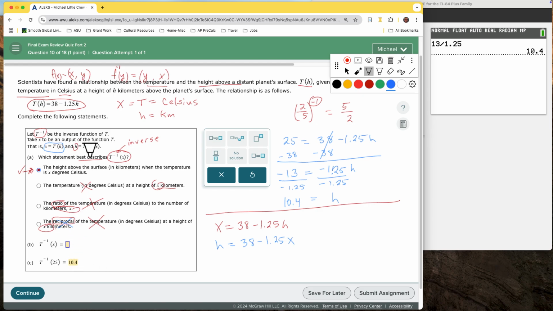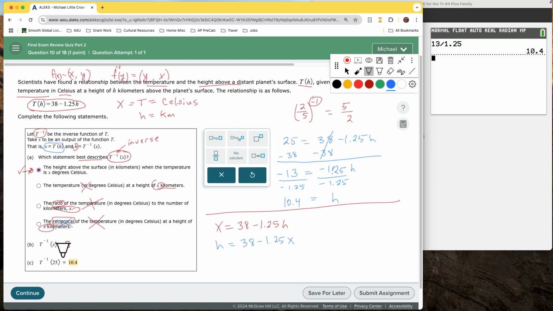Wait, do I do that? Oh, their notation gets me confused. Let's see. Which is the inverse? Usually what we do, I solve for x, then I'm calling it the inverse function.